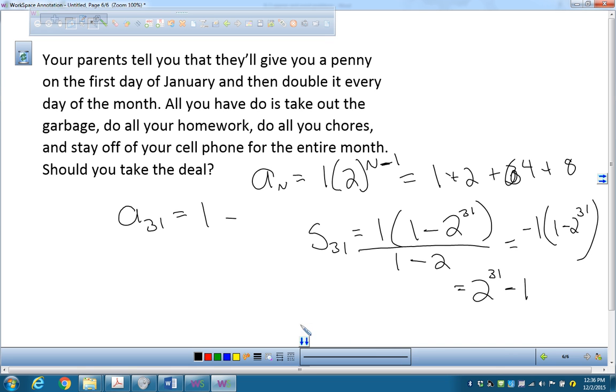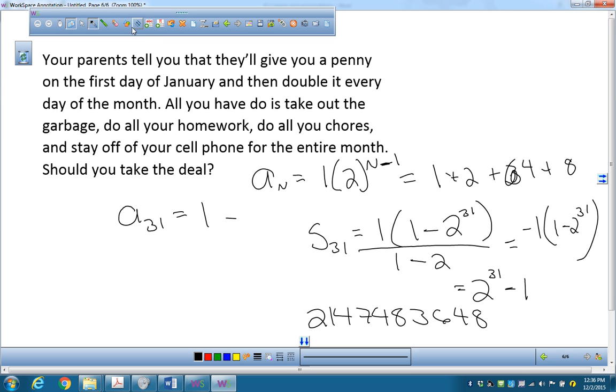Anyone got a calculator? 2, 1, 4, 7, 4, 8, 3, 6, 4, 8. But you do have to subtract this 1, right? So you lose a cent somewhere there, right? So that actually comes out to be a 7.